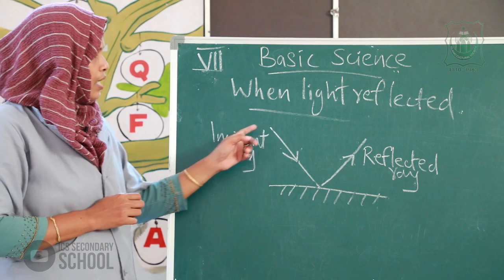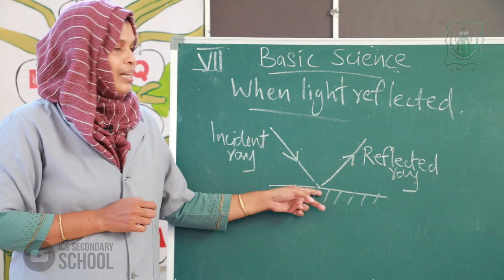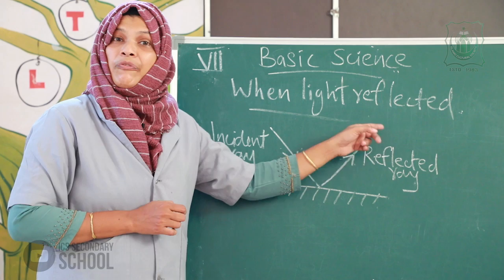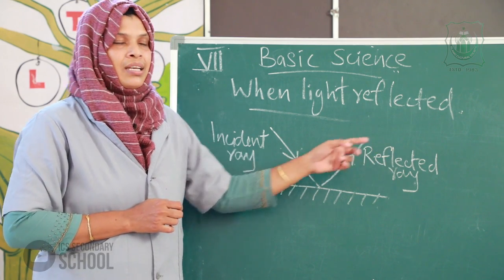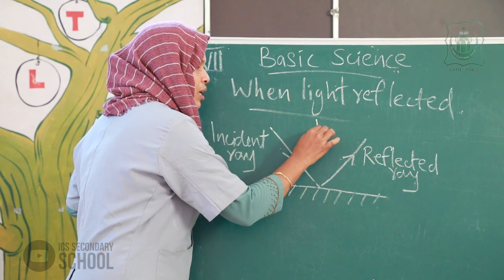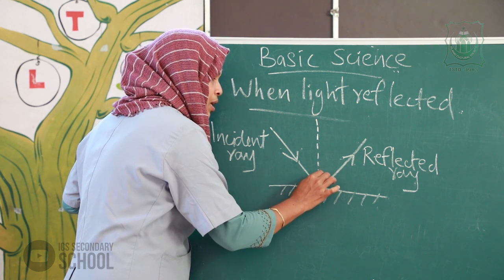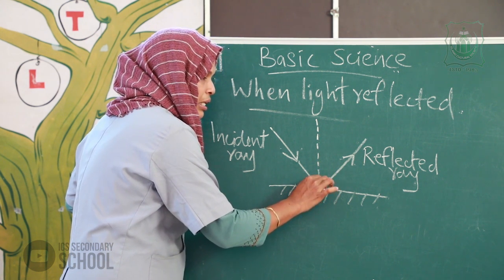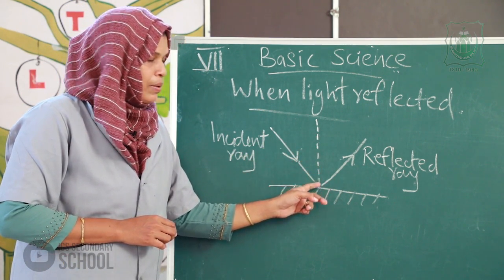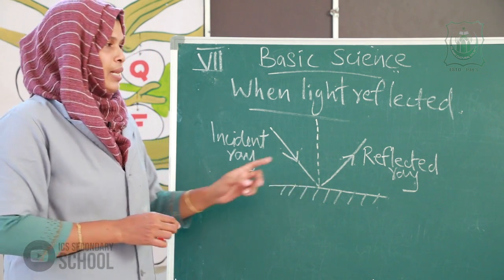The light that falls on the mirror is called the incident ray and the light reflected from the mirror is called the reflected ray. Then the line drawn perpendicular to the mirror at the point of incidence is known as the normal.